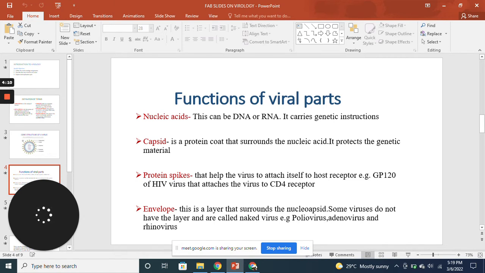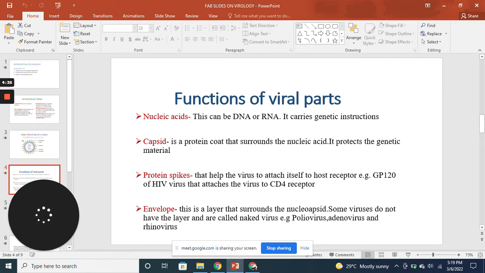Leggett, I want you to tell us the function of the capsid. Okay, the capsid is a protein that surrounds the nucleic acid of a virus, and the function is to protect the genetic material. Good.